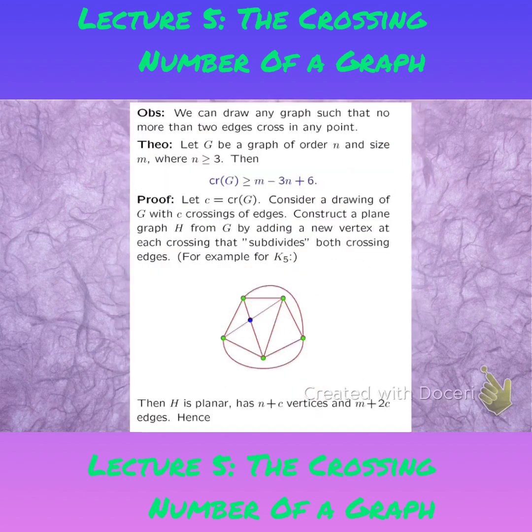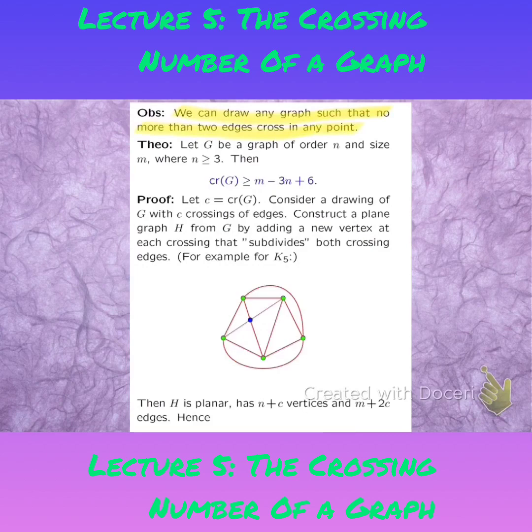Right, so we can actually find a lower bound for the crossing number, a relatively elementary lower bound, using the result we found for planar graphs, the bound that we derived for planar graphs on the number of edges. Now, just an observation, we can draw any graph such that no more than two edges cross in any point.